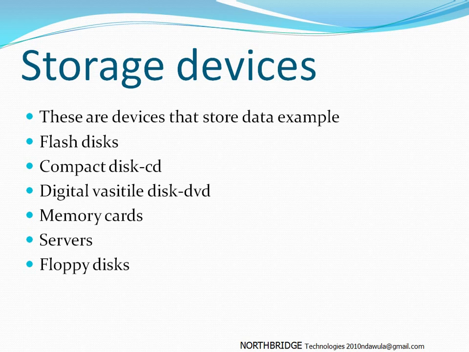Like banks and the national information systems, they need servers. They cannot use flash disks. Flash disks are for those of us who have little things to transfer. They don't need to use DVDs or memory cards. They need servers. Servers are really very, very big.